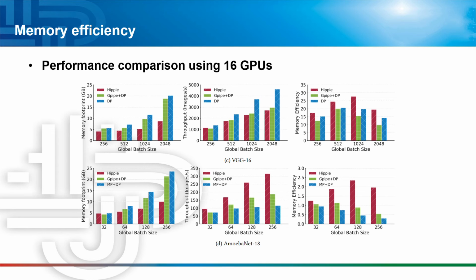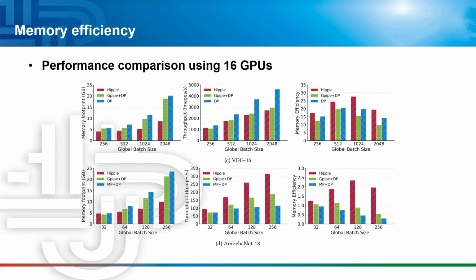Limited by the device memory, DP is not available in EmbeddNet. We have to divide EmbeddNet into several parts and then combine GPipe or MP with DP for training. As the figure shows, Hippie performs significantly better than the other 2 approaches.